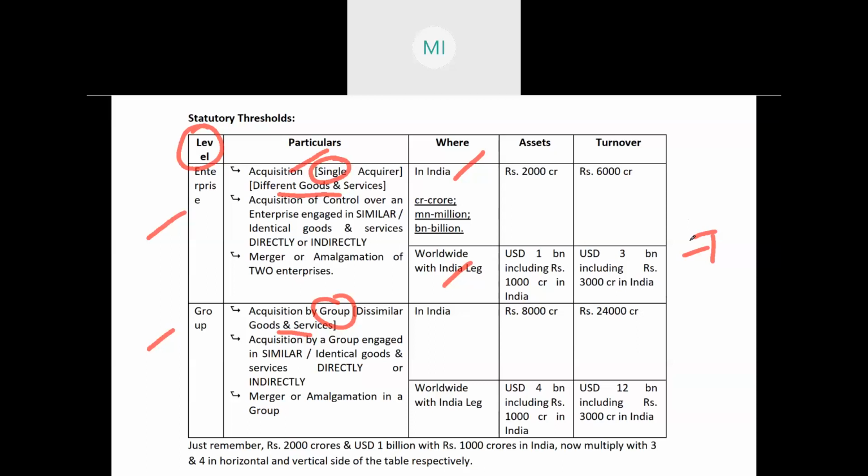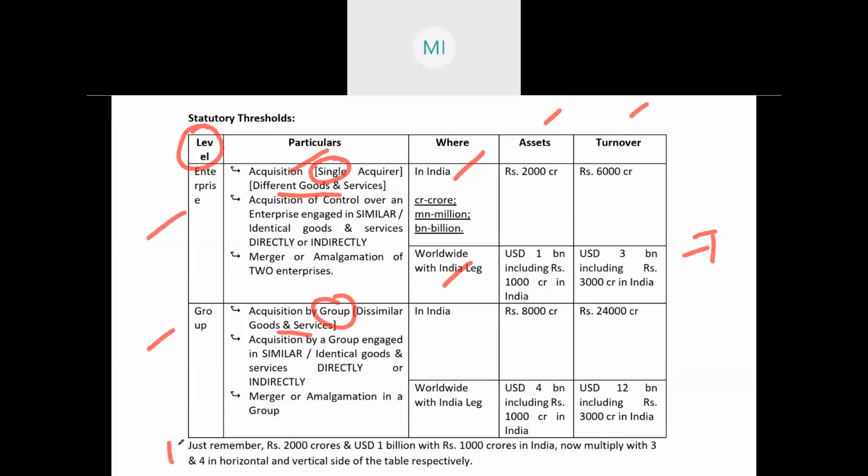Okay, so that's what we have to analyze, and we have to see this based on the assets and turnover. Only if you exceed these limits, the thresholds, only then will you be required to comply with the steps under combinations.